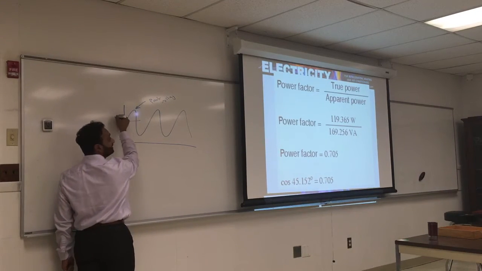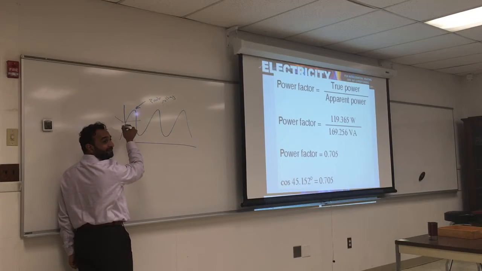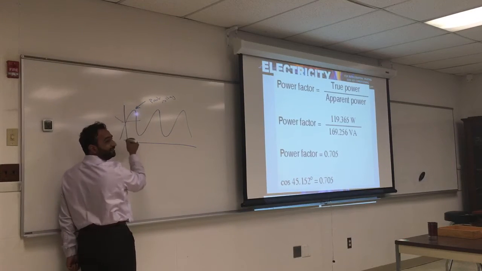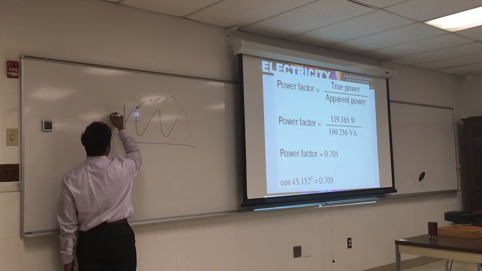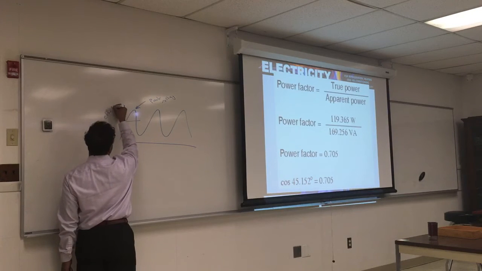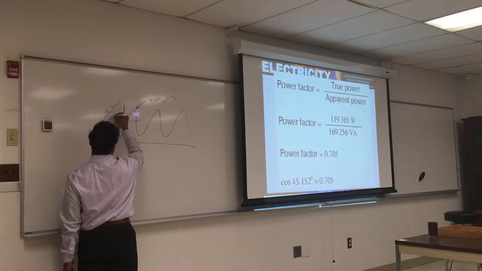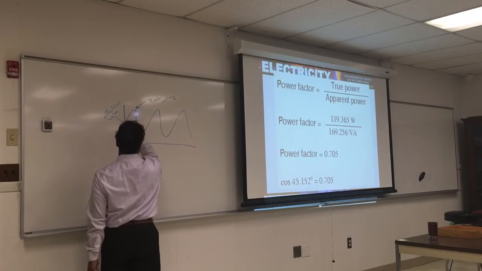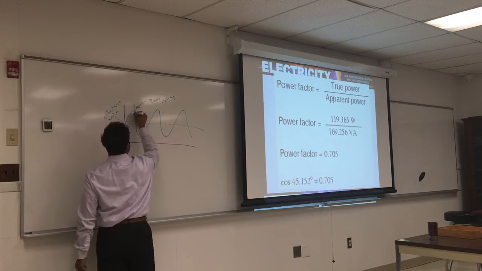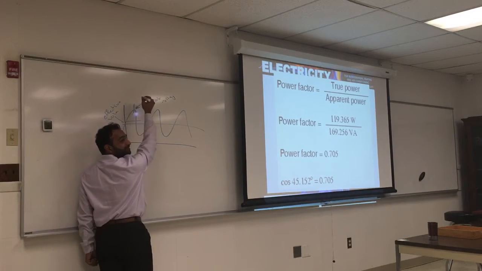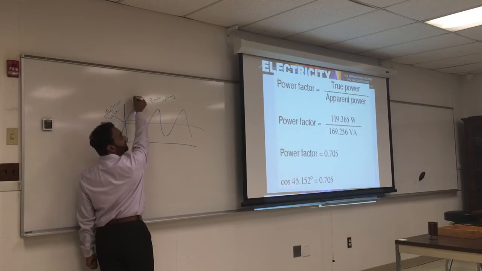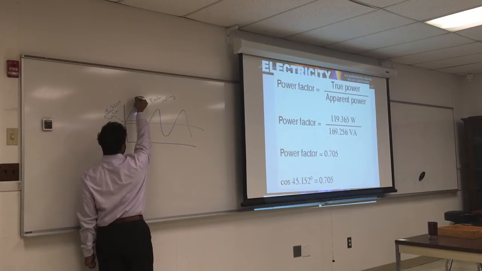What is here? What we're actually going to use is the effective voltage. This is what we're going to use, right? We said, what is the angle here? 0. And this one? 90.